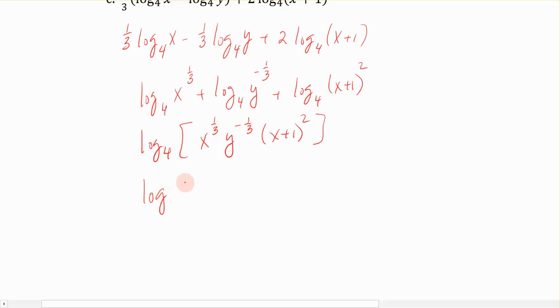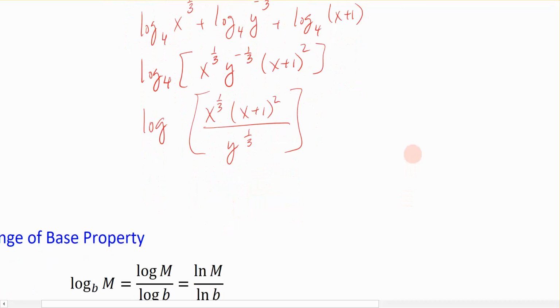So this is the log of x to the 1/3 times x plus 1 squared, divided by y to the 1/3. All of that is the single argument, right? Because the negative exponent moves the base y down into the denominator, and it changes it to a positive. I cannot do anything further as far as condensing this or rearranging the position of anything.